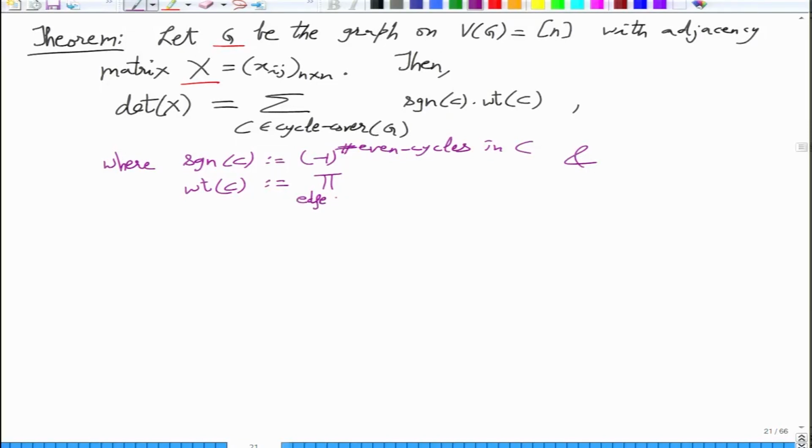Right, so the weight of a cycle is the product of the edge labels or weights, and then the weight of a cycle cover is, over all the cycles, the product of the weights. So whatever edge e you see in the cycle cover, take the weight of that, and the product. So maybe wt here also, weight of e. Okay, so what is the proof of this?